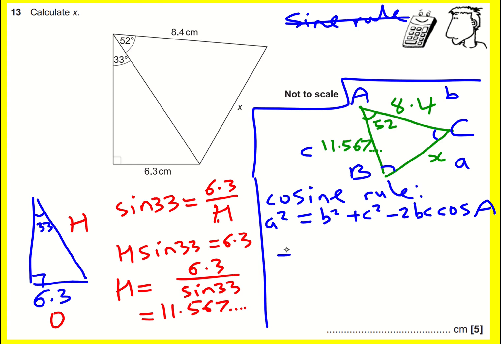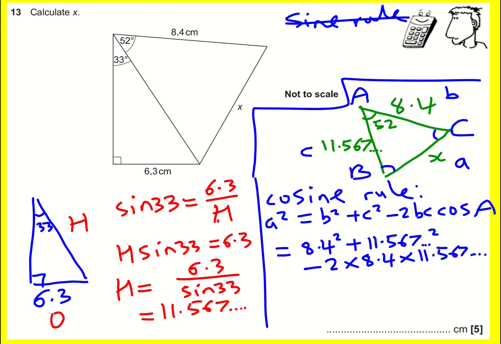Right, so a squared is then going to equal 8.4 squared plus 11.567 squared minus 2 times 8.4 times 11.567, and that's also multiplied by cos 52.